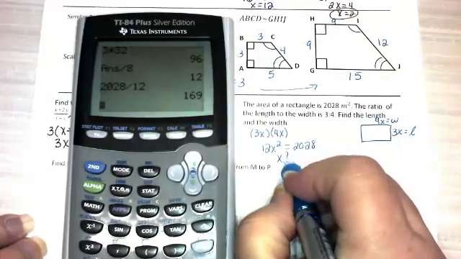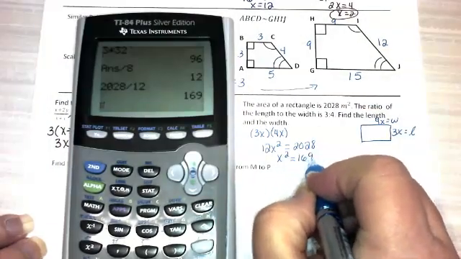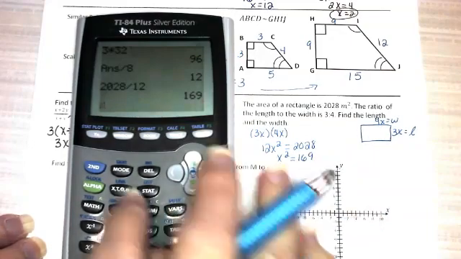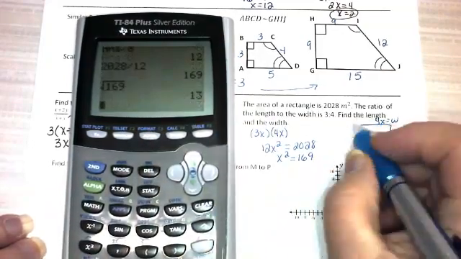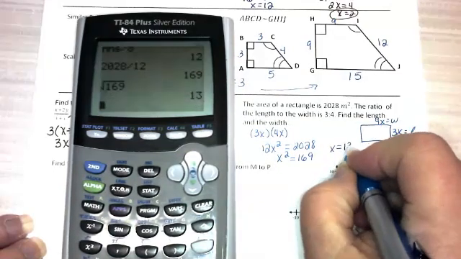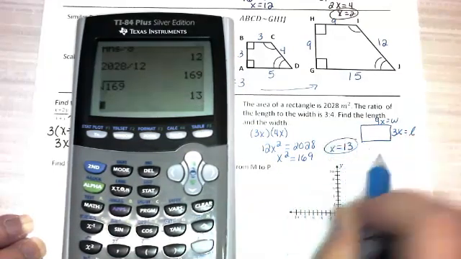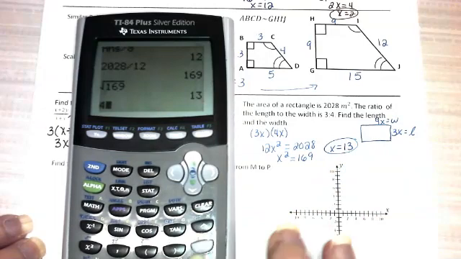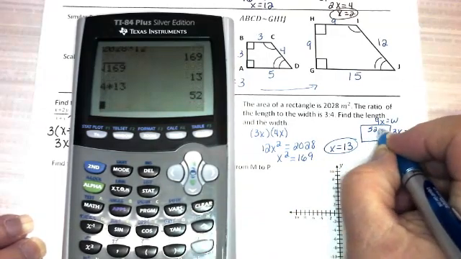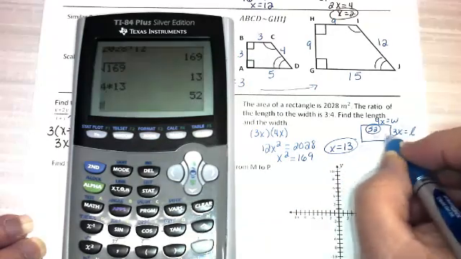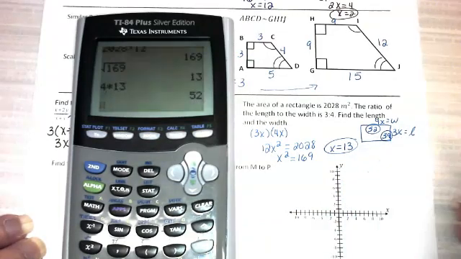I get 169, which happens to be a perfect square. If you don't believe me, type it in. The square root of 169 is 13. So x is 13, which means the width was 4 times 13. That's 52. And the length is 3 times 13, which was 39.